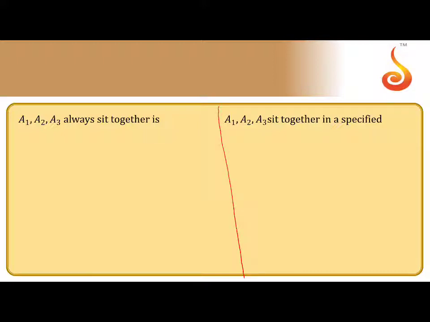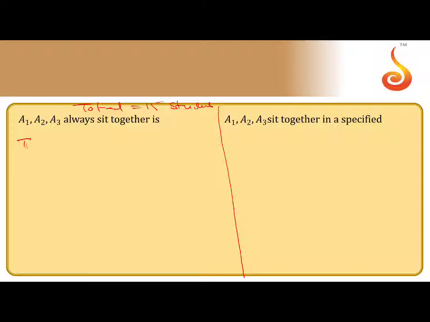So A1, A2, A3 sit together. First, how many students are there in total? Total 15 students. A1, A2, A3 always sit together, so keep them away; the remaining 15 minus 3, that is 12 members, are there.